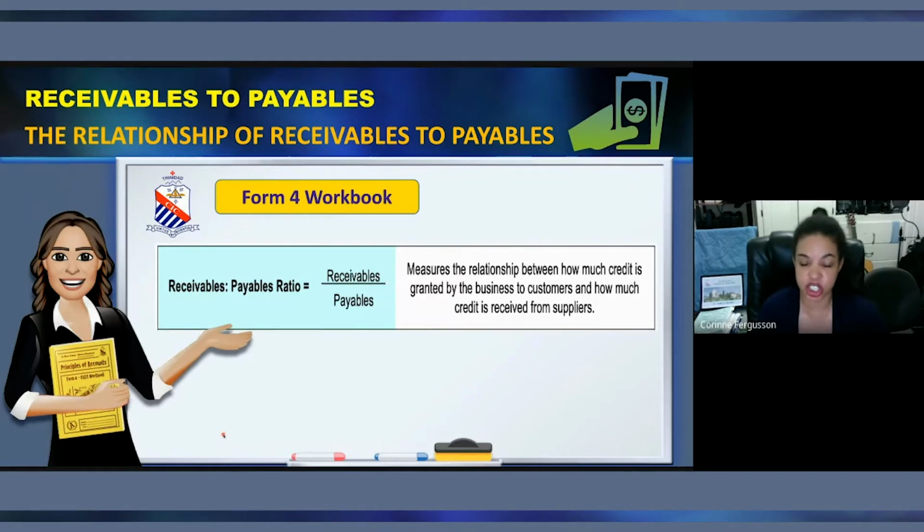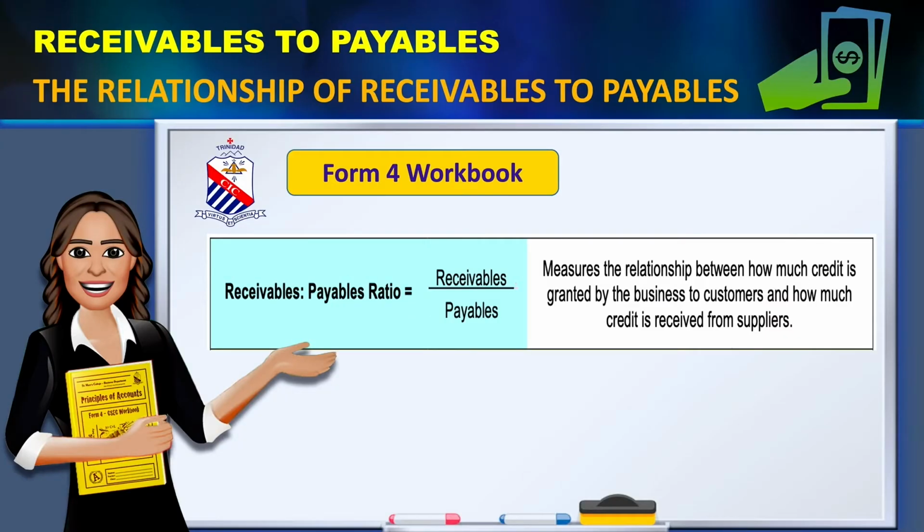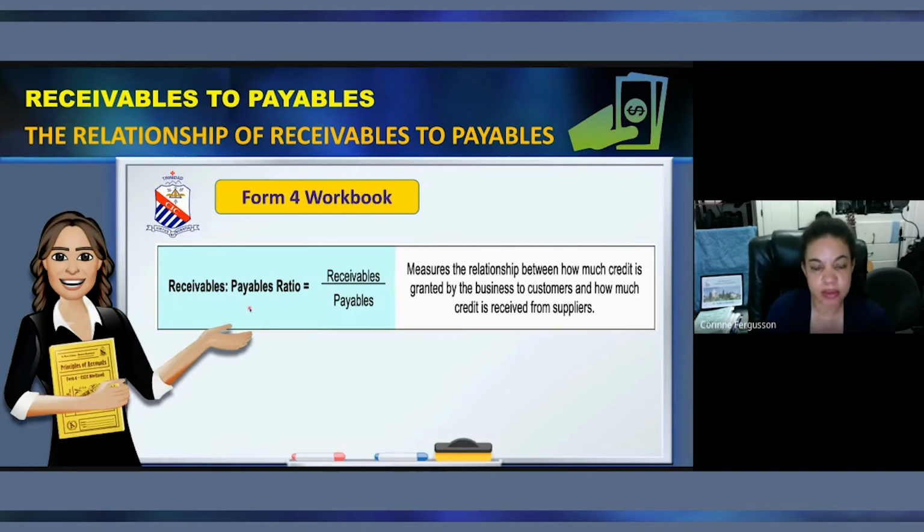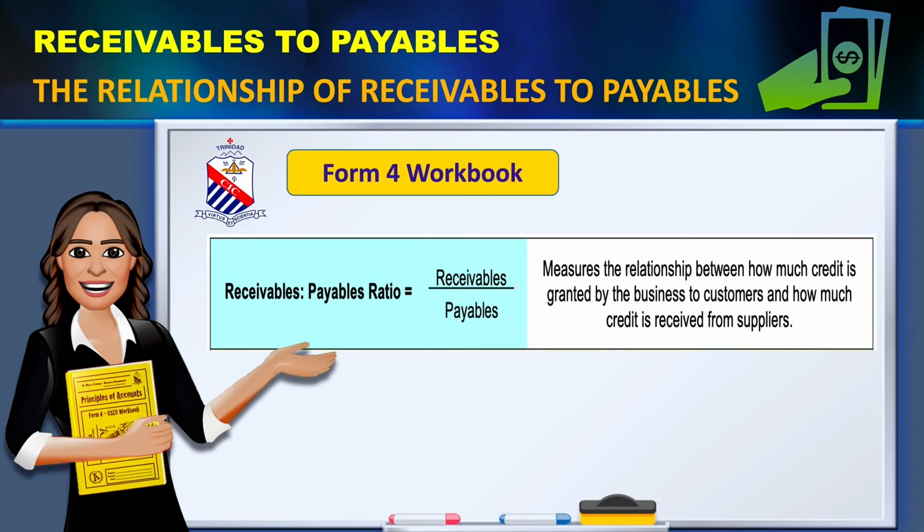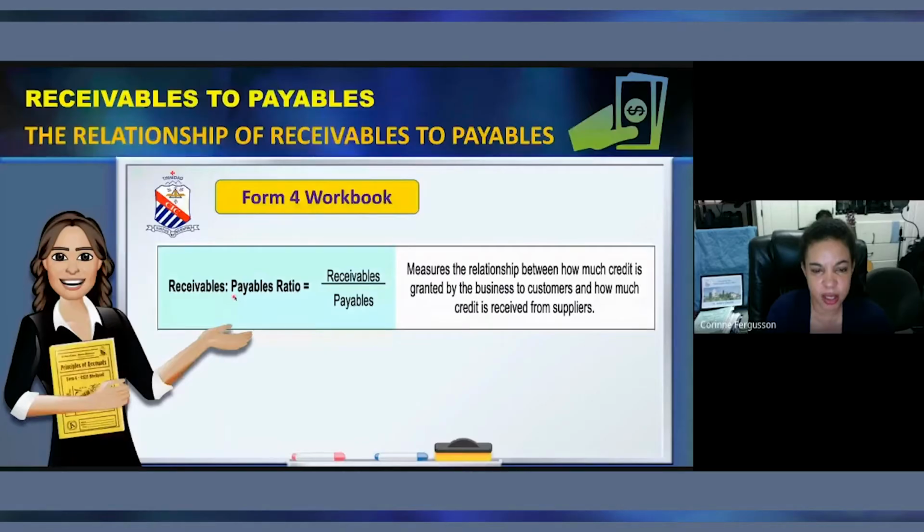In other words, the relationship between how much the business pays and how quickly the business pays, as opposed to how quickly the business receives or collects the money that is owed to it. Once again, the name of the ratio tells you the formula. Whenever you see a colon, it is basically the first one divided by the second one. So receivables divided by payables, and that's it.